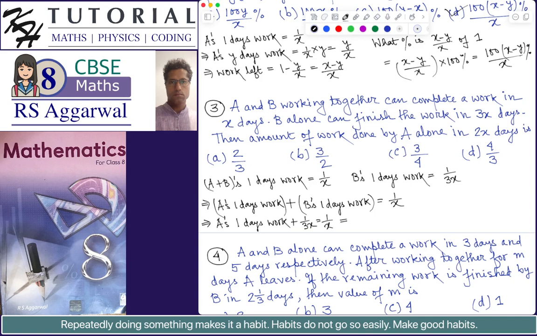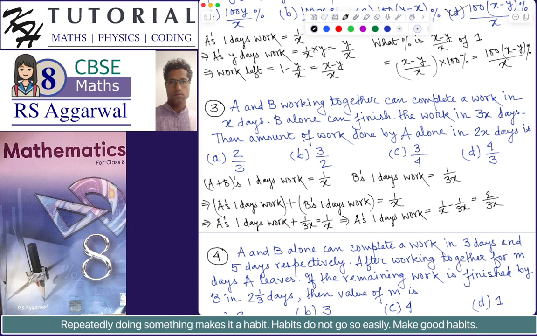So, this implies A's 1 day's work is equal to 1 by x minus 1 by 3x, which is equal to 2 by 3x. So, A's 1 day's work is 2 by 3x.